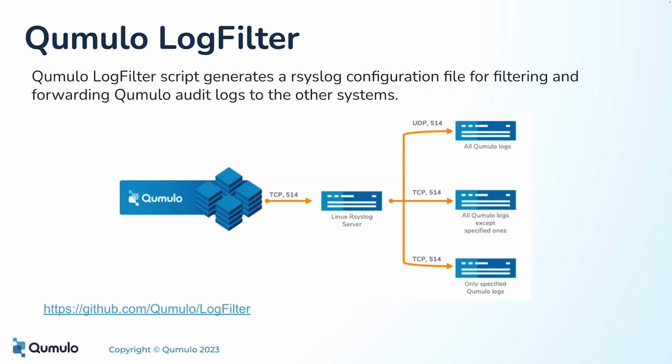Qumulo always passes the data on TCP port 514. You can, of course, change the port if you wish, but it can't change the protocol. It's always TCP. Well, believe it or not, there is some software out there that requires UDP. So Qumulo would actually send the data via TCP.